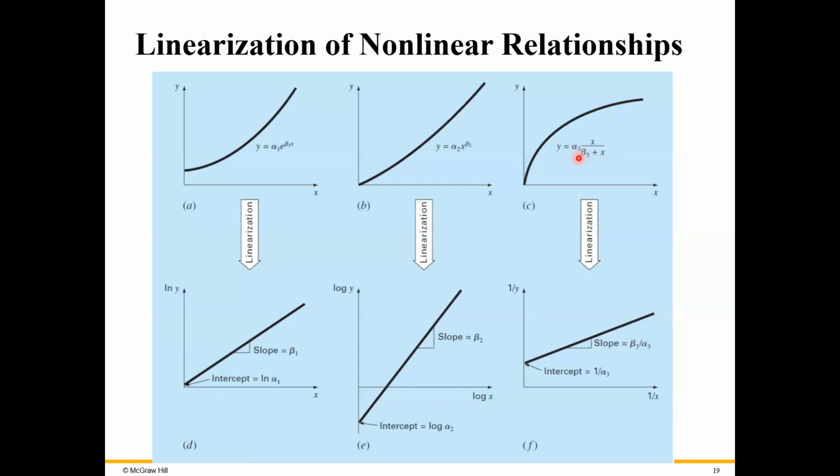In that case, we can take the reciprocal of that, and we can plot the reciprocals, that is 1 over y and 1 over x. And then that will result in a straight line. So this is called the linearization of the non-linear relationships.